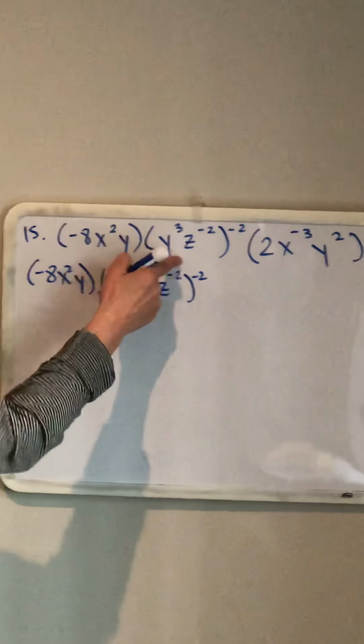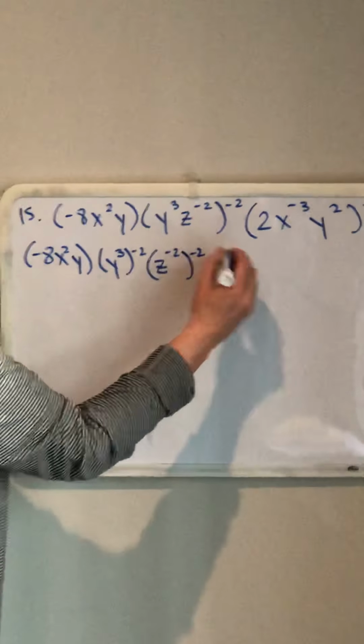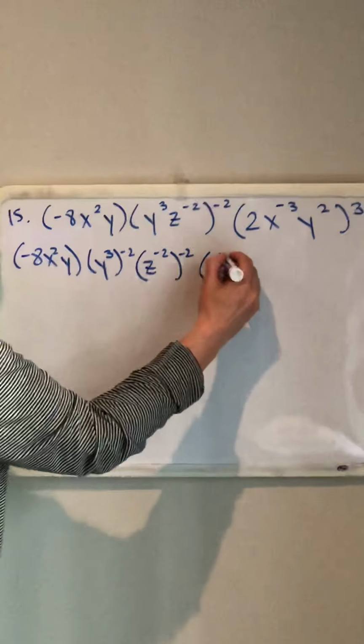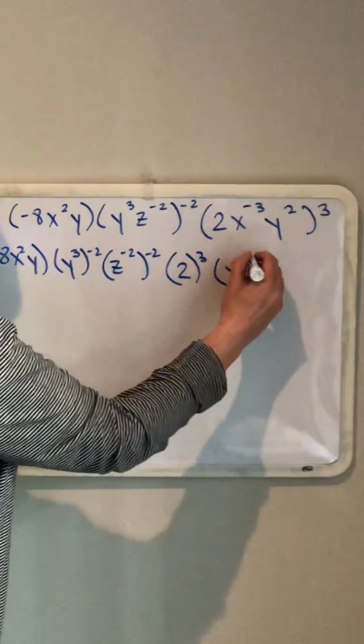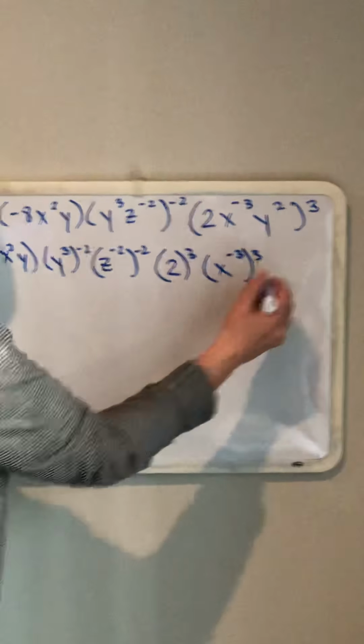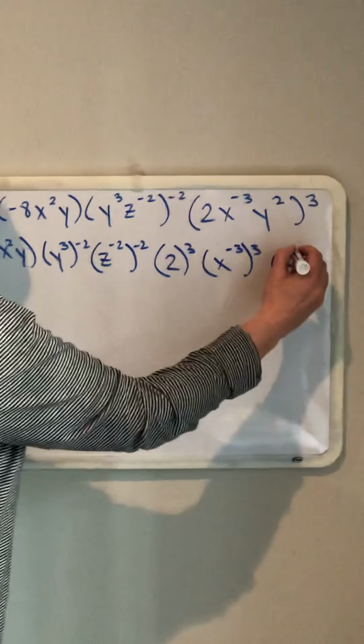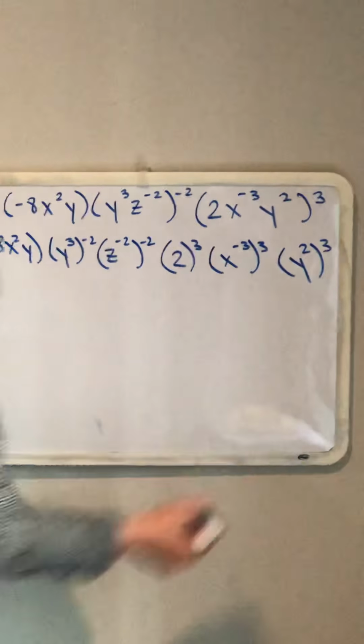That's the center one. Now the last one is going to become 2 to the third, x to the negative third to the third, and then y to the second to the third.